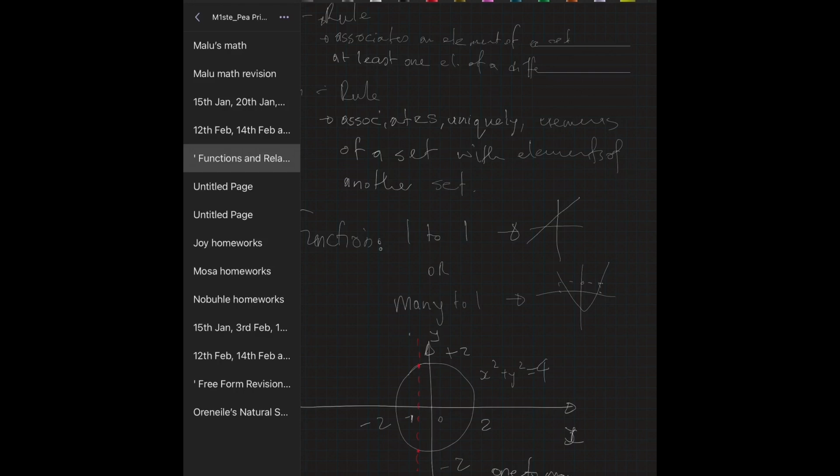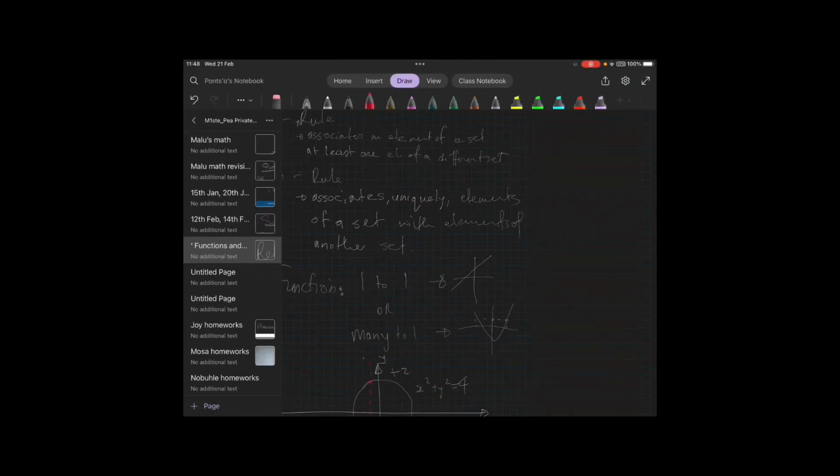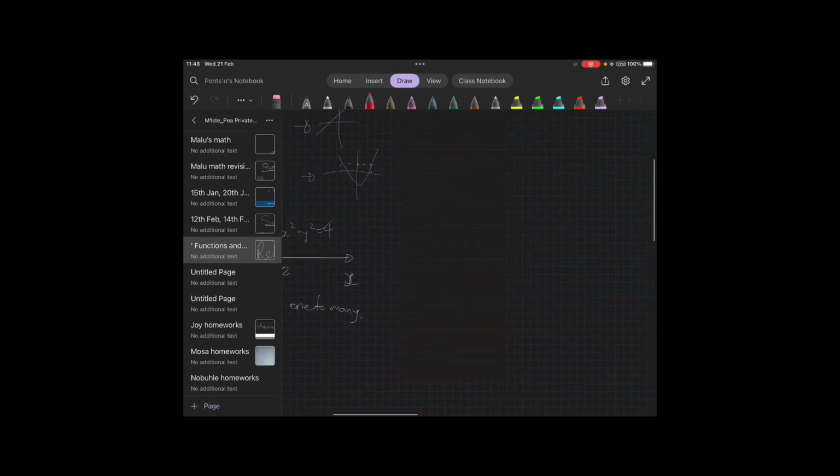That vertical line crosses the construction at 2 points. And because of that, we can say that that is not a function.